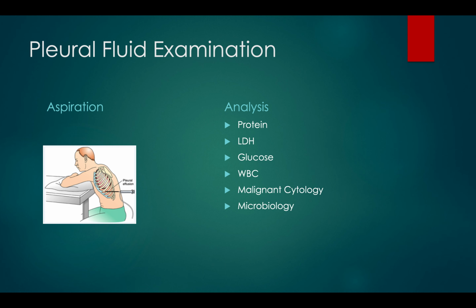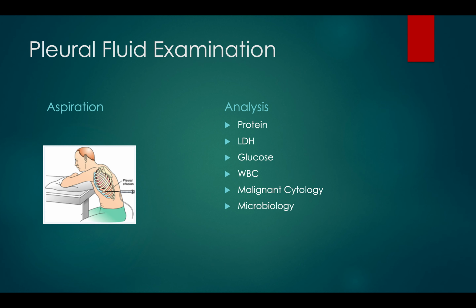However, in the case of infection, it may look turbid or it may be frank pus in the case of empyema. Blood-stained pleural fluid is a feature of malignant pleural effusion.